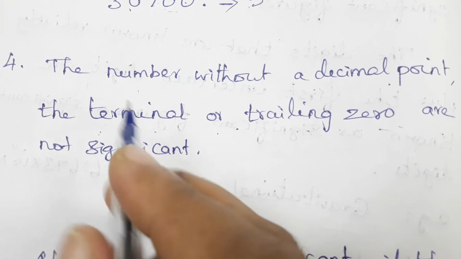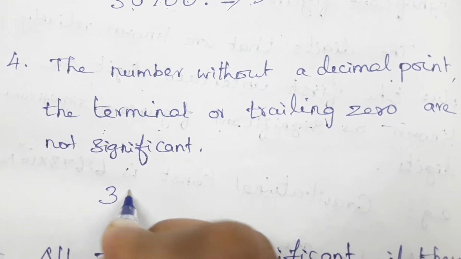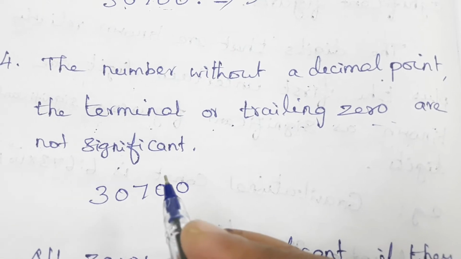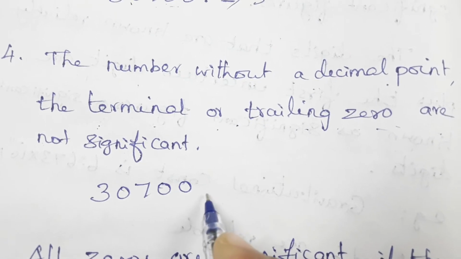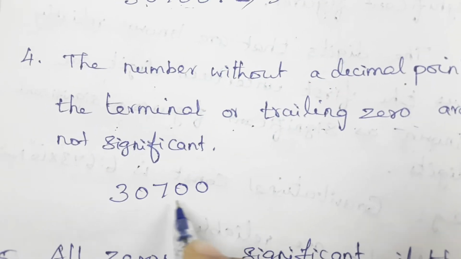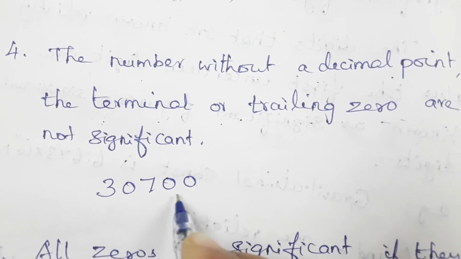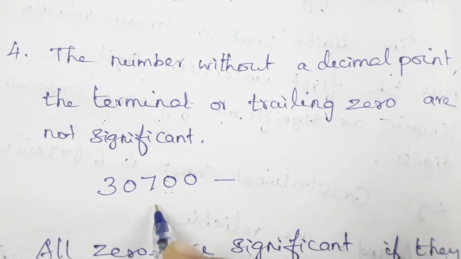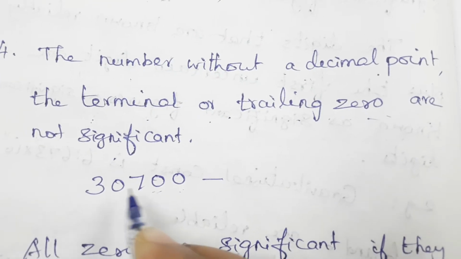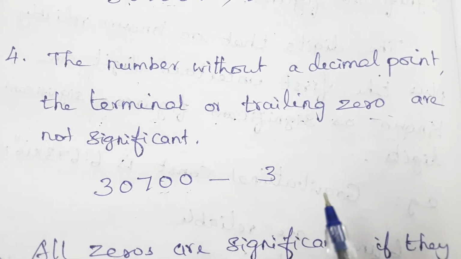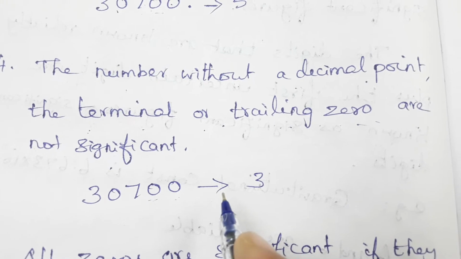For example, the same number without a decimal point, 30700. Here there is no decimal point. So without a decimal point, the trailing zeros are not significant. So this cannot be included for significant figures. How many significant figures? 1, 2, 3. So it has 3 significant figures.